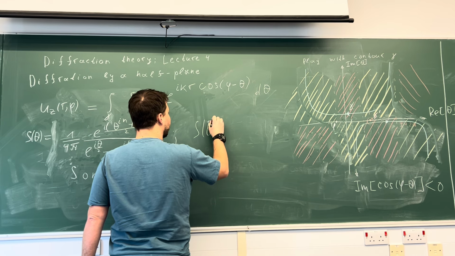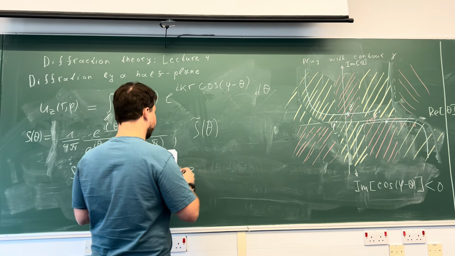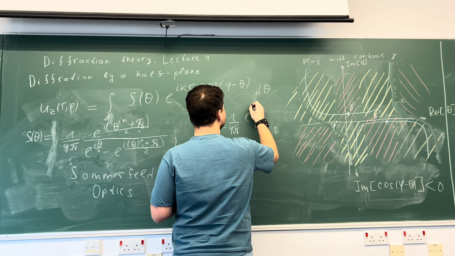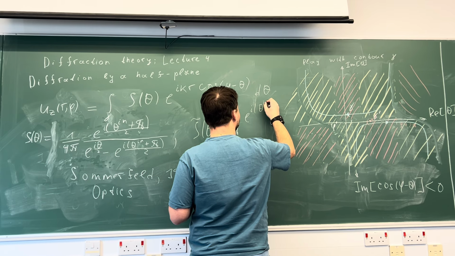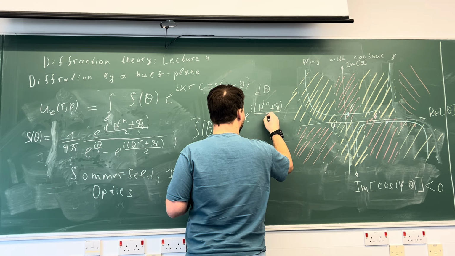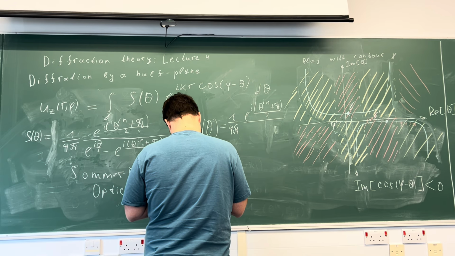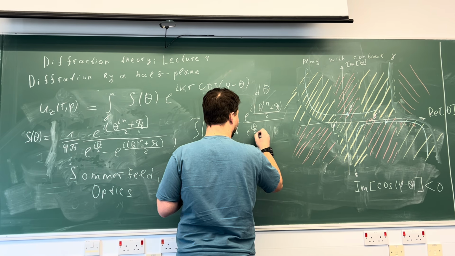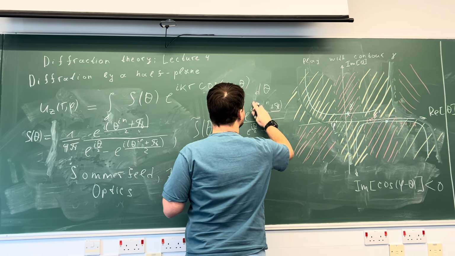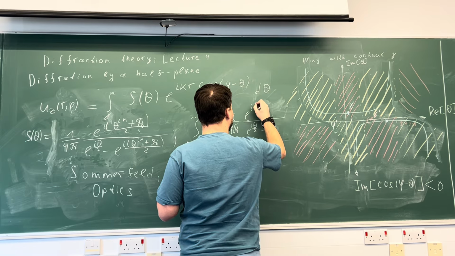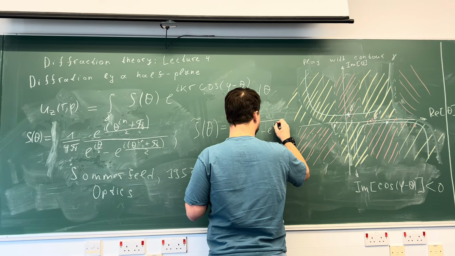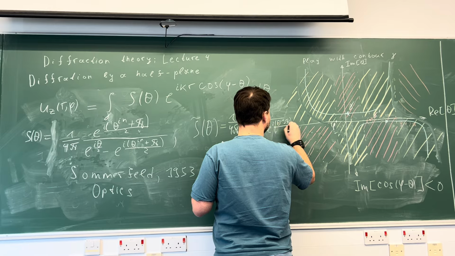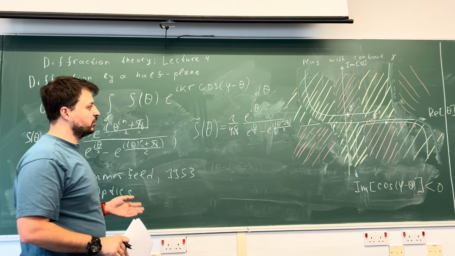So my question, for example: if we consider a very similar function, like this, a formally different function, but also 2 pi periodic.